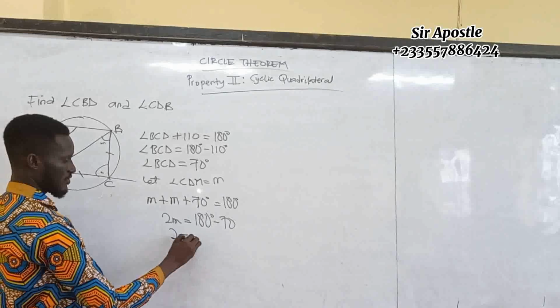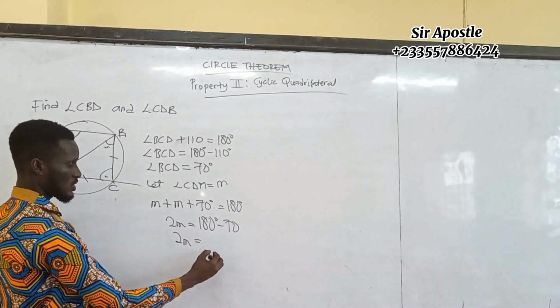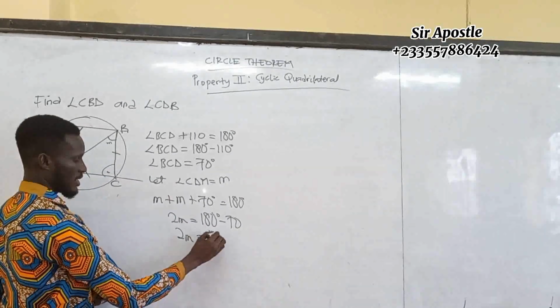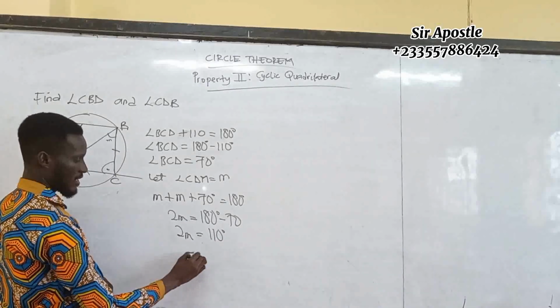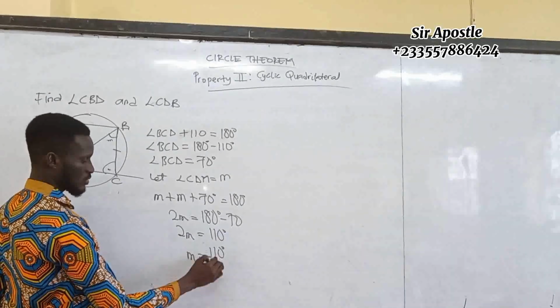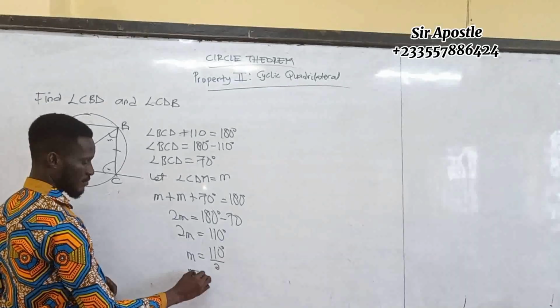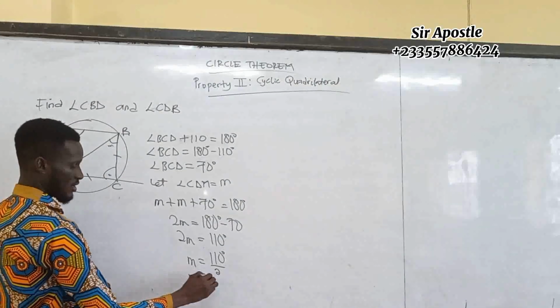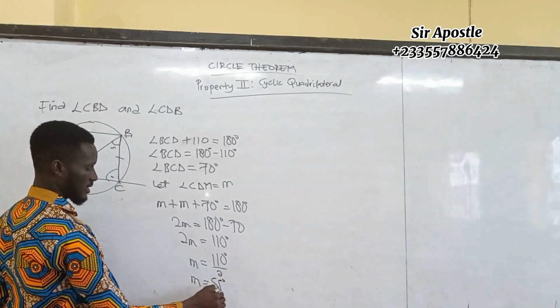So 2M will give us what? When we subtract, we are going to get 110. So 110 divided by 2, we divide both sides by 2. Then M is what? M will give us 55 degrees.